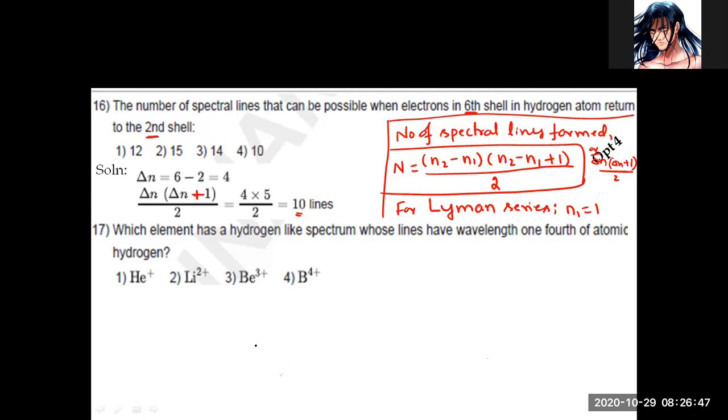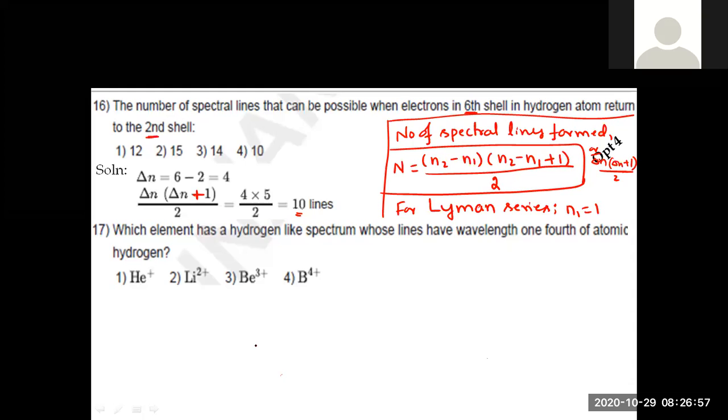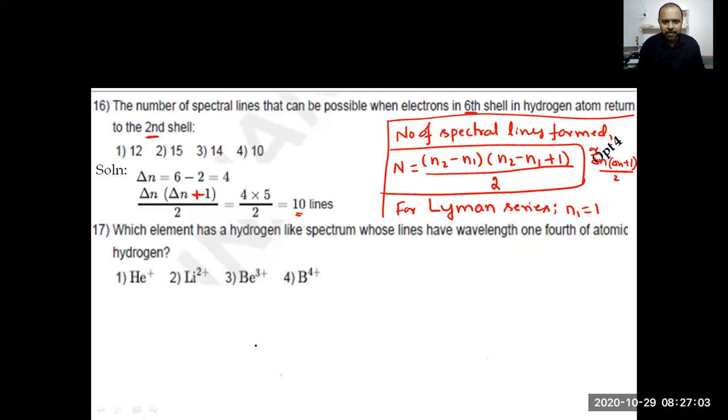Sir, I said boron. Helium? Sir, I said, Varsha. Okay, Varsha. How is that helium, madam? Sir, actually, they have told 1/4 of atomic mass of hydrogen, no, sir. Correct. So not atomic mass. Atomic number will be nearly 2, so helium.